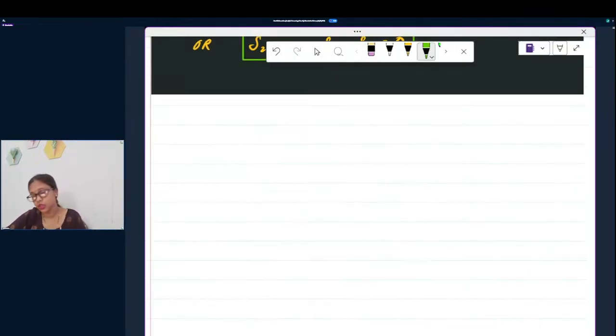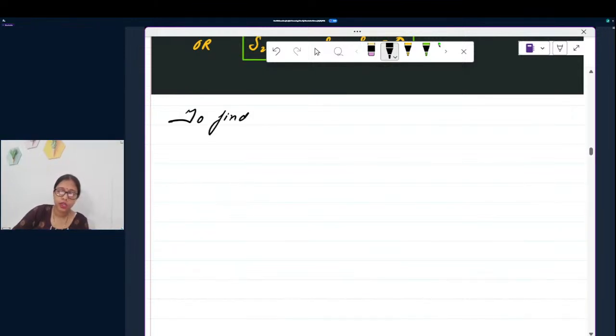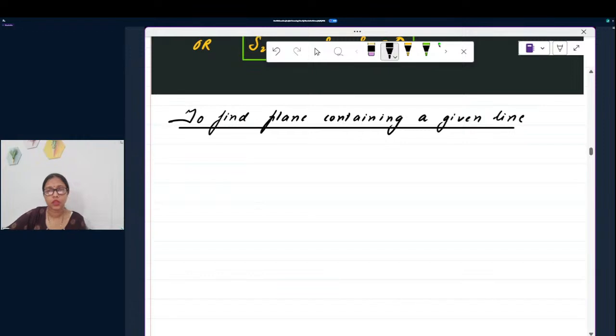Just a quick recap. How can I find a plane containing a given line?